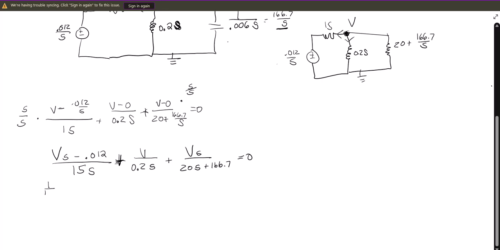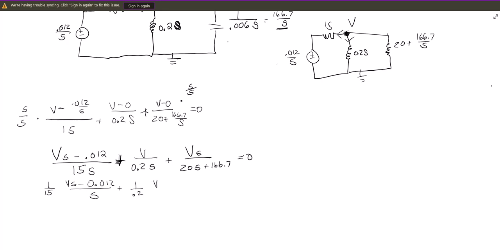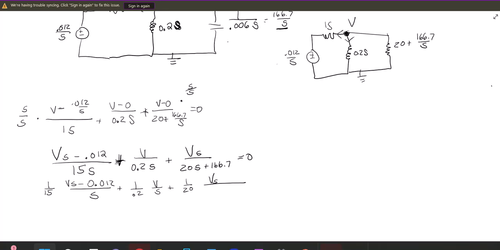So just rewrite this first one as 1/15 vs minus 0.012 over s plus 1 over 0.2 v over s plus 1 over 20 vs over s.